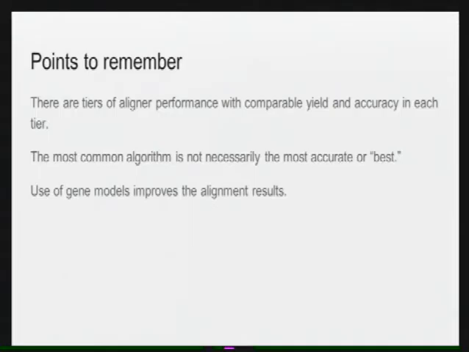If I had a special case, for example, GSNAP is one that will align with a SNP database in mind, right? So if I was really concerned about data that had a lot of SNPs in it, and I wanted to be able to align those reads more accurately, I might go with that one for that reason.